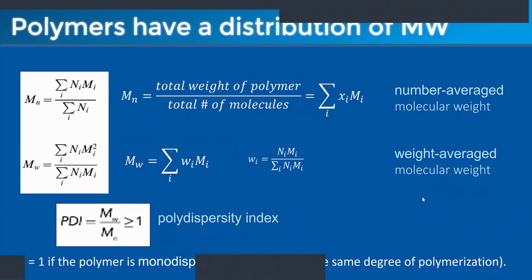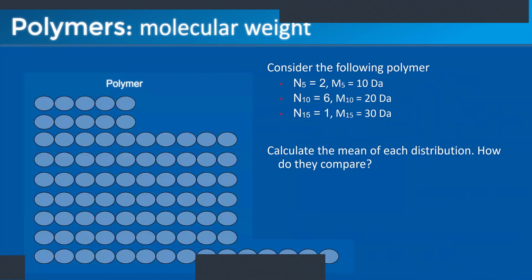Okay, so I have a brief example to show you. We have a polymer here that we have a little cartoon drawn of, with a certain distribution of chain lengths. So we have two molecules of a polymer with 5 repeat units right here.